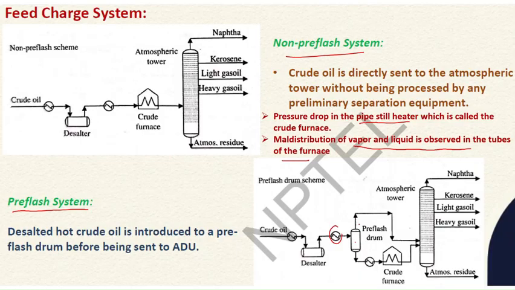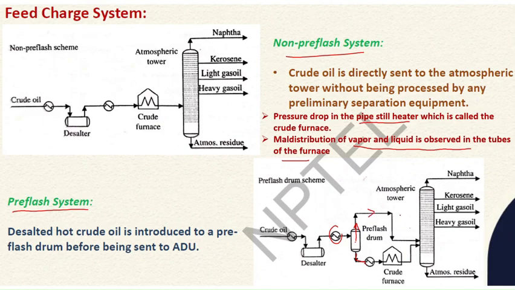In this pre-flash drum, some heating takes place, and the lighter cuts are given off in the upper portion of the drum, and the heavier cuts are further heat exchanged and heated in the crude furnace.